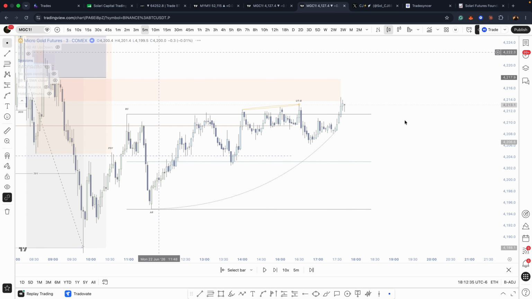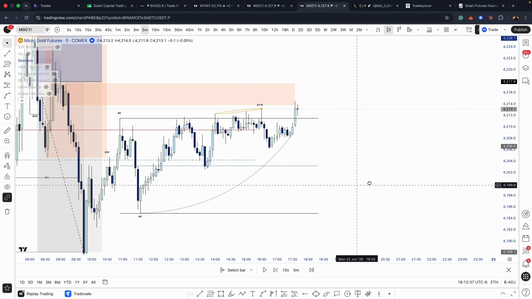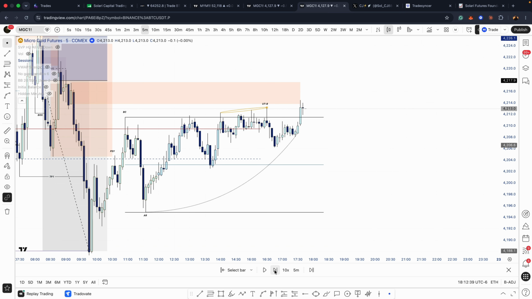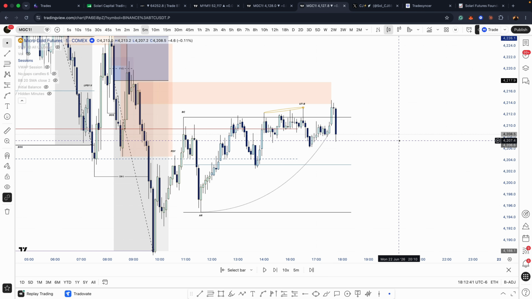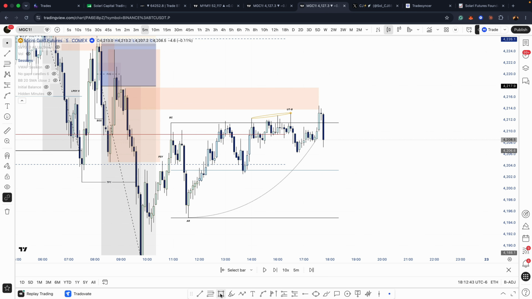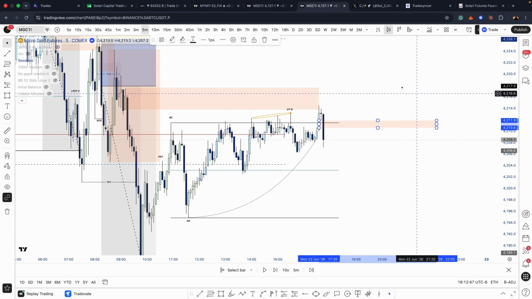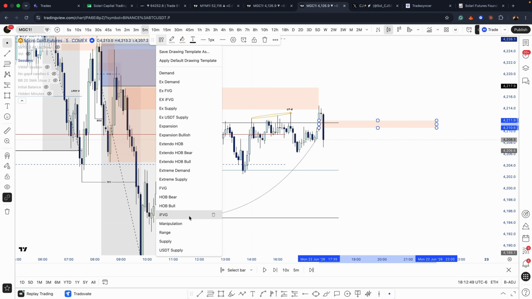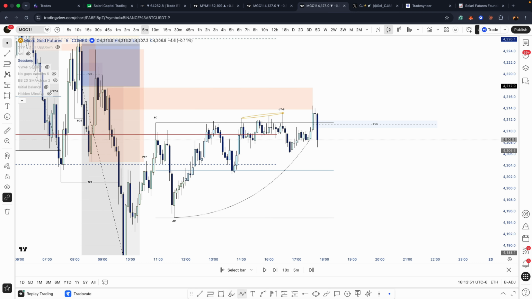Let's find our highest time frame fair value gap, because we know that we're looking for a Wyckoff point. And what do you know? Get that right there on the 5-minute. Inversing that fair value gap, confirming this as a UTAD, an upthrust after distribution, which we are seeing here.